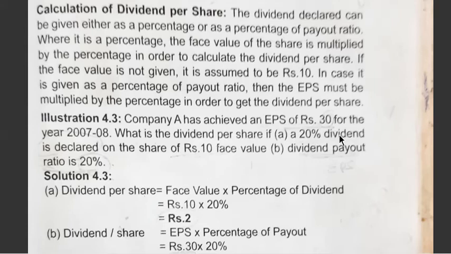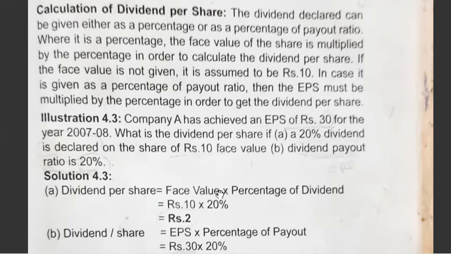It is 20% dividend declared on the face value. In that case, the dividend per share is equal to face value into the percentage of dividend. They have given you 20%. They have not mentioned payout. If they have mentioned payout, then it is on EPS. They have mentioned 20% dividend is declared, so it will be on face value. So 10 rupees face value into 20%, you will get rupees 2.